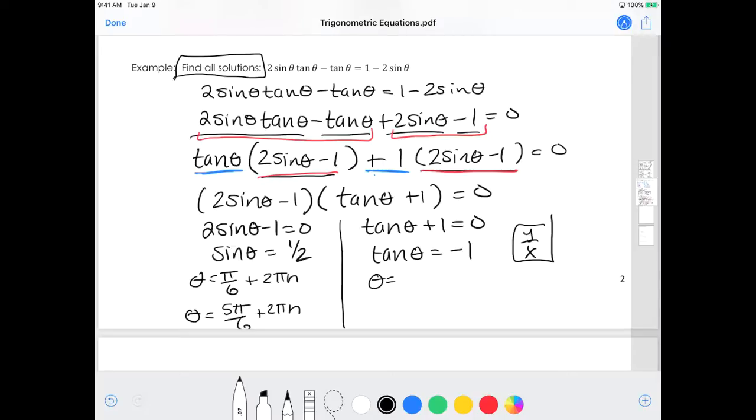And so y and x have to be exactly the same but opposite signs in order for tangent to be negative 1. So that would be at 3 pi over 4 and 7 pi over 4. And because we want all the multiples of all the rotations, because we're looking for all solutions, I'm going to add in n can be any integer.